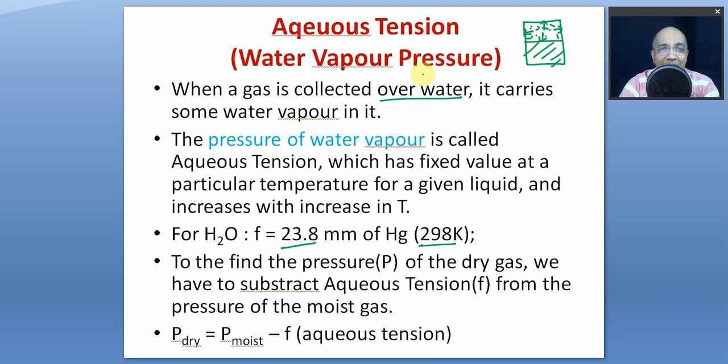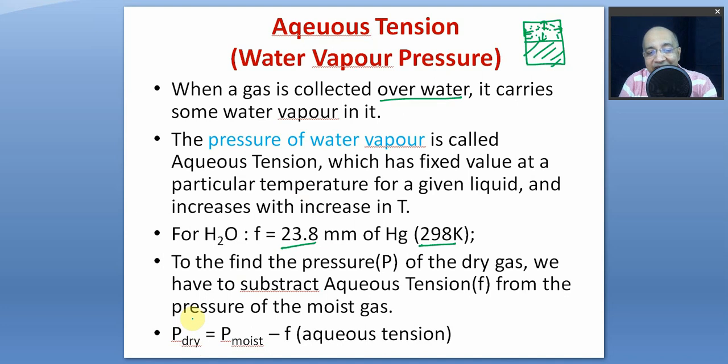So the pressure that we measure through a manometer or any device will give you the total pressure. To find the pressure of the dry gas which we have collected, we have to subtract the aqueous tension, or the water vapor pressure at that temperature, from the observed pressure of the mixture, from the barometer or the pressure gauge.